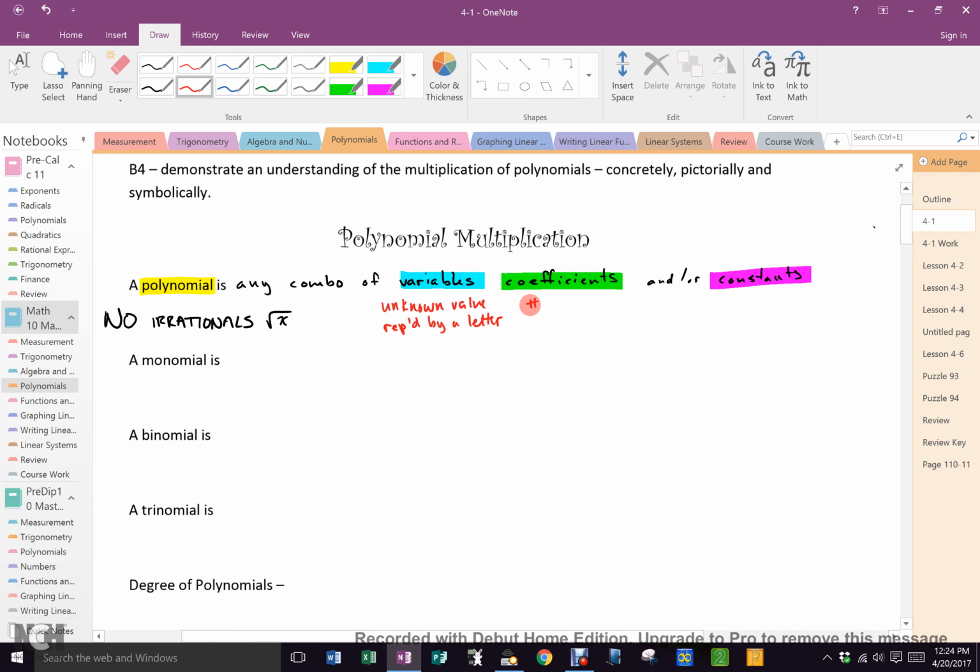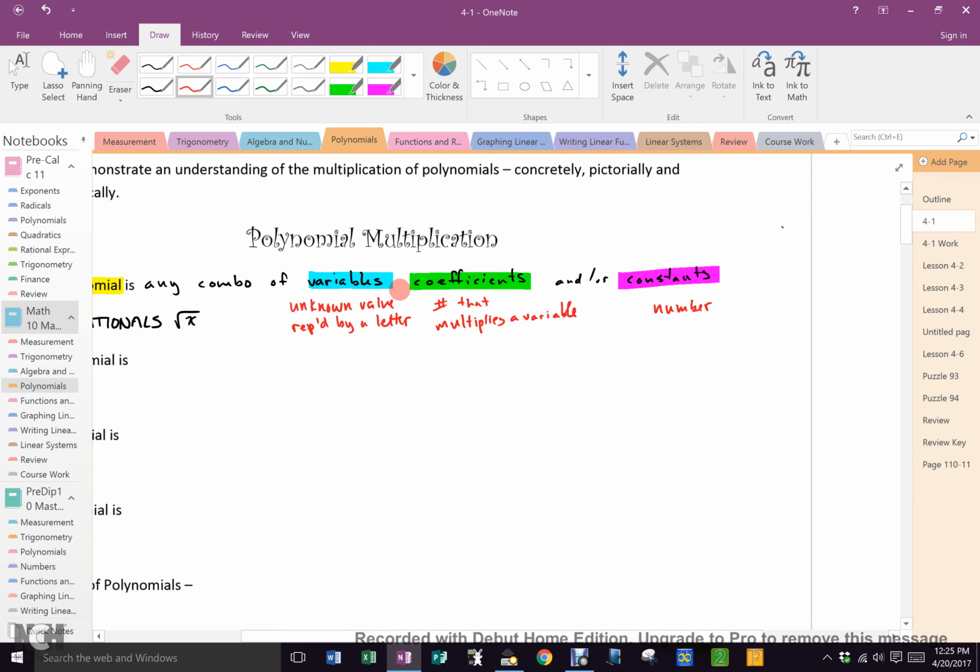A coefficient is the number that multiplies a variable. And a constant is just a number. It's called a constant because it doesn't change. Okay?